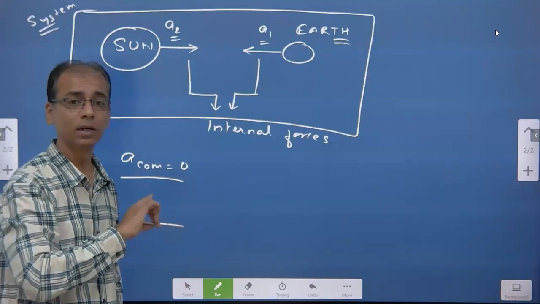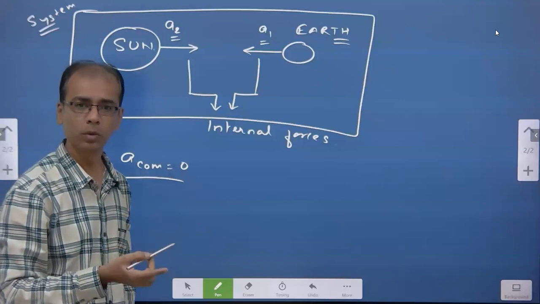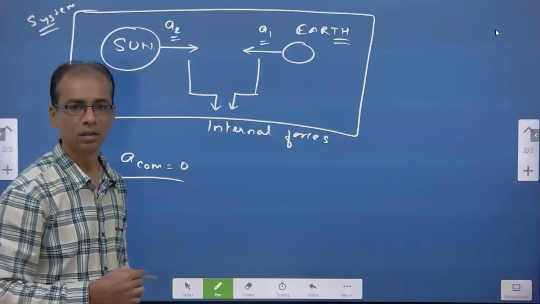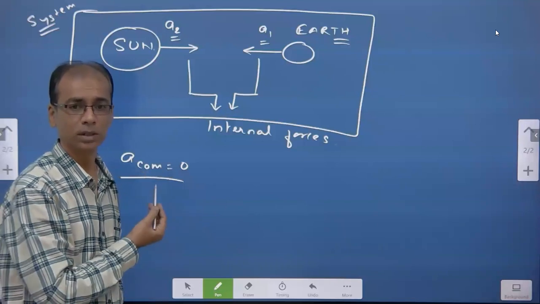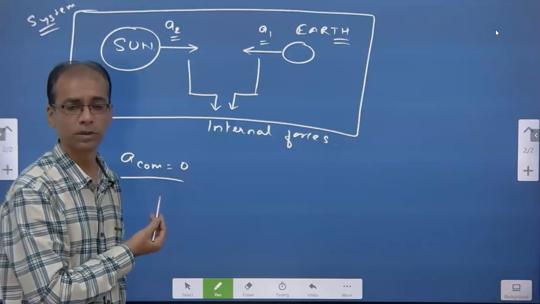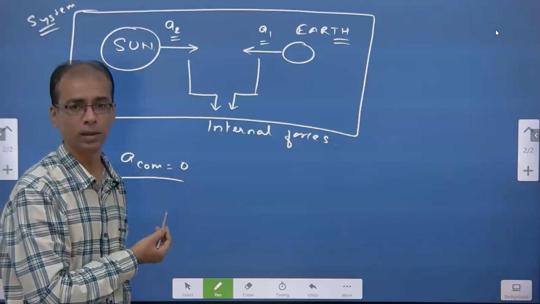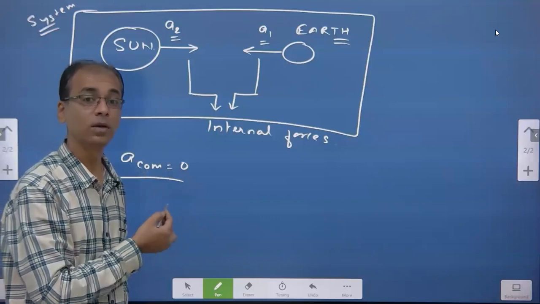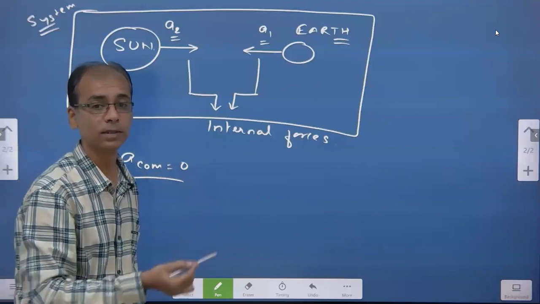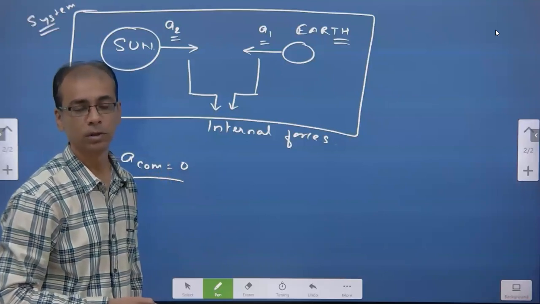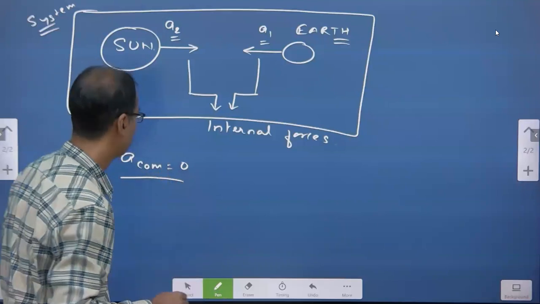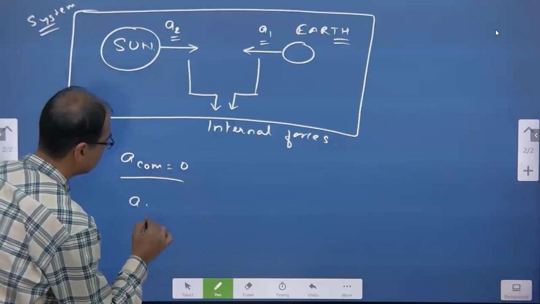Does it mean that Sun and Earth are not moving? No, they are moving. Earth moves because of the Sun, and the Sun also gets influenced by Earth's attraction force. So both have motion because of each other. So we can write here ACOM is 0.